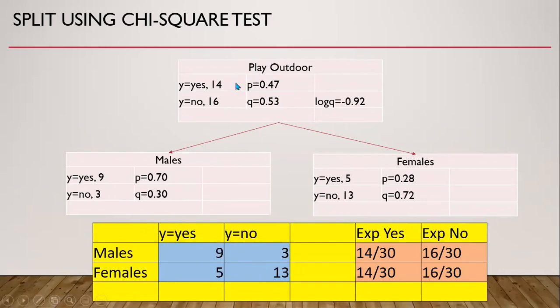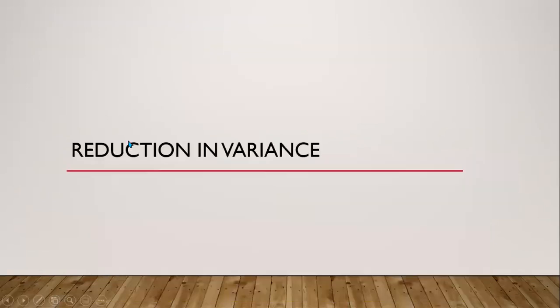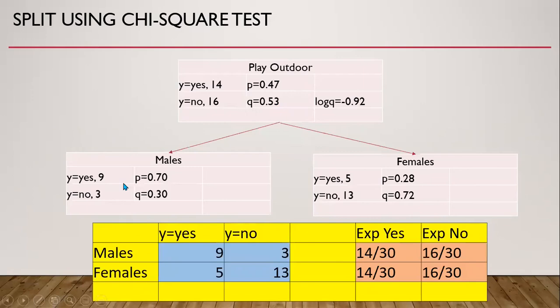In the entire set, 14 play outdoor games out of 30. So the expected frequency is 14 by 30 for outdoor, and for those who do not play outdoor it is 16 by 30. From these expected frequencies and the observations, we calculate the chi-square. Then we select the attribute with the maximum chi-square value.